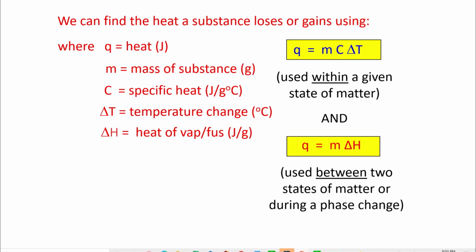So Q is equal to heat in joules, m equals mass of your substance in grams, c is the specific heat, the amount of heat required to raise 1 gram of substance 1 degree Celsius or Kelvin. Delta T is a change in temperature. The little triangle is known as delta, and normally it denotes change. You should know this from math. Delta H is the heat of fusion or vaporization.